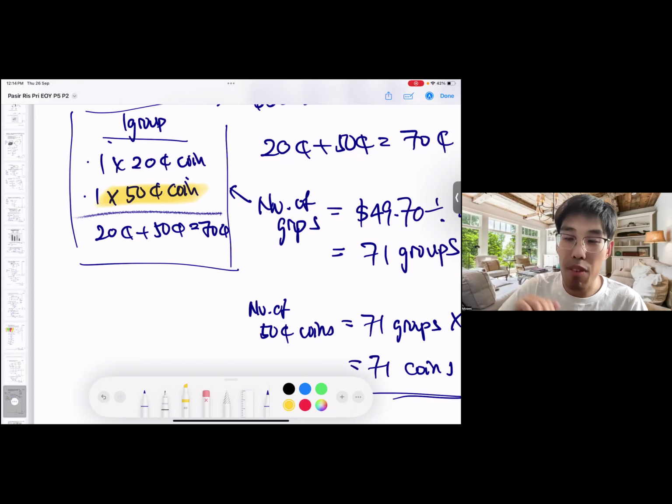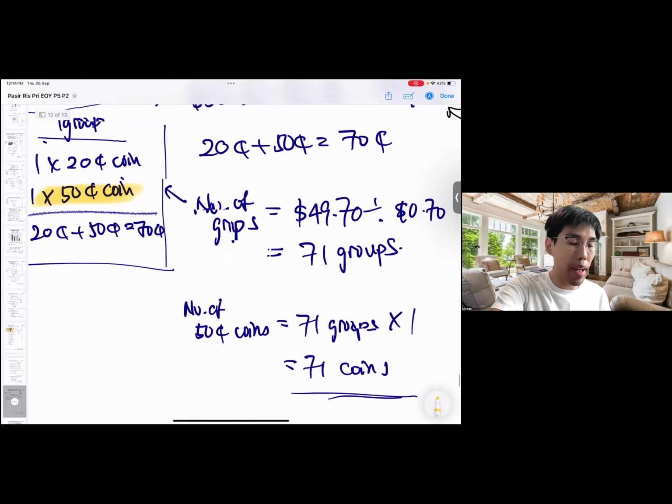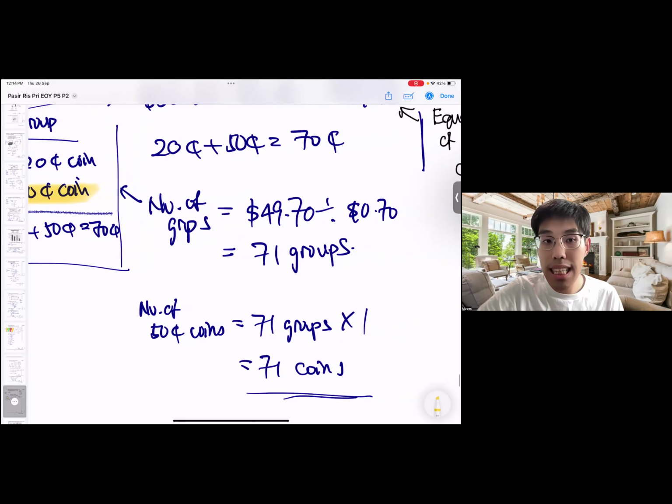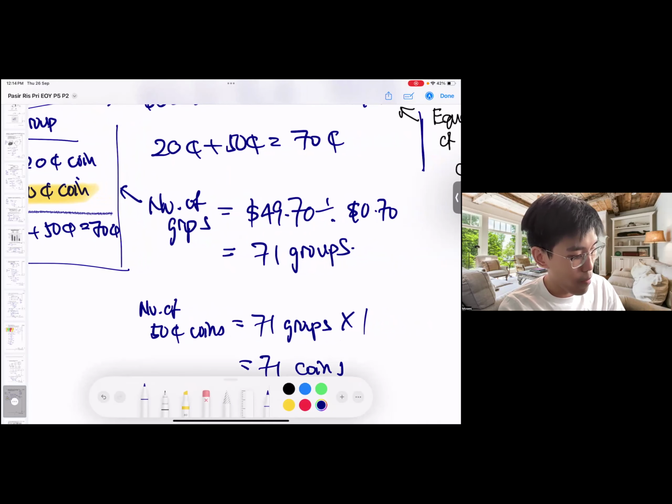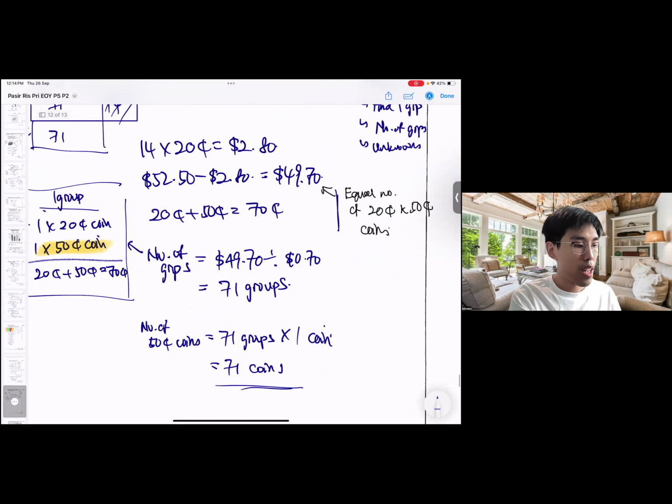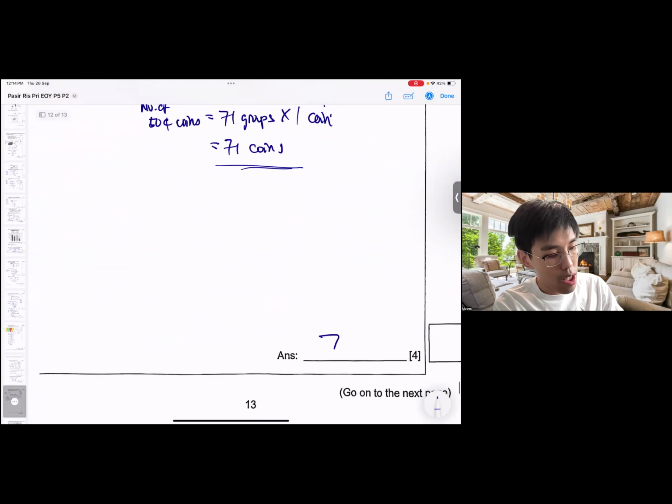This one is easy, one coin each. But in future, when you see more grouping, this step will be important. So 71 groups times 1 coin. That's the idea. So the answer is 71 coins.